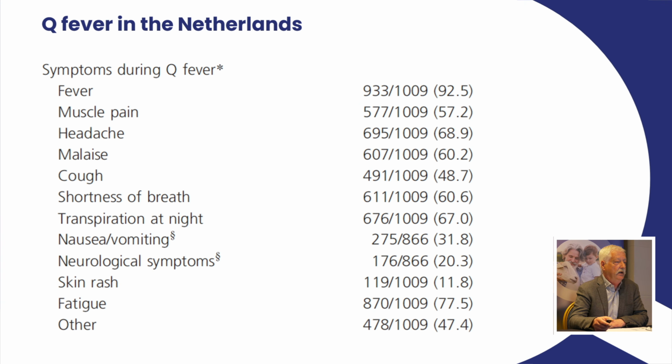You see that back also in this overview, around 70% of them had headache, several complaints of malaise, 60%, then pneumonia-like problems like coughing, shortness of breath, around 60%, and then at the end of it, fatigue, almost 80% of them showing this clinical sign.